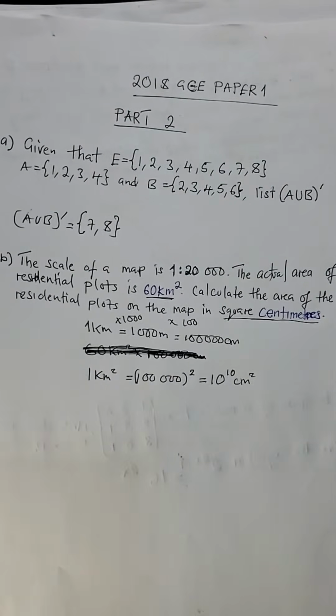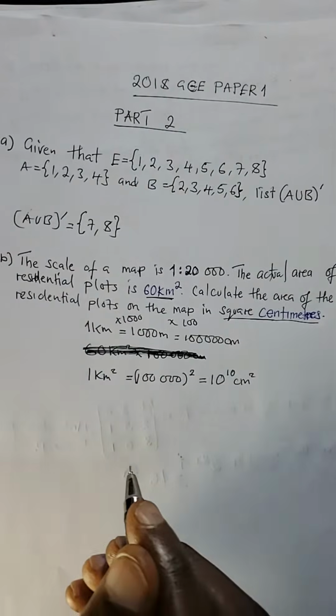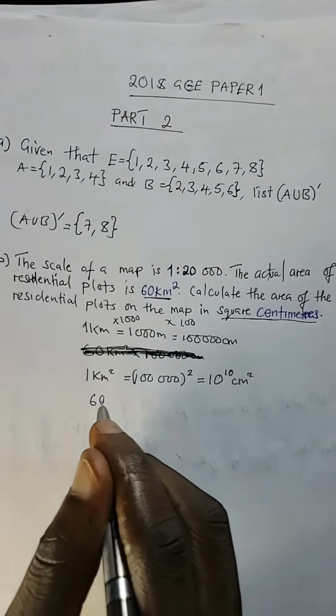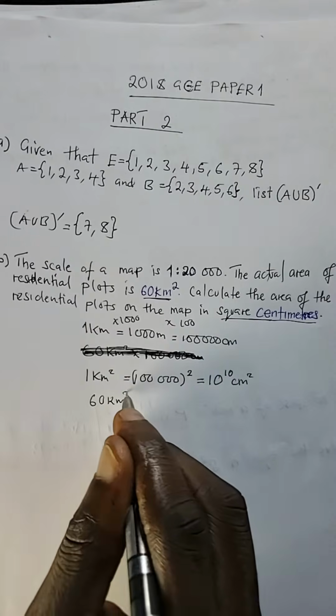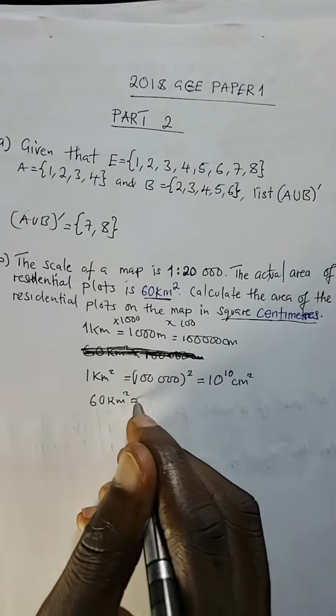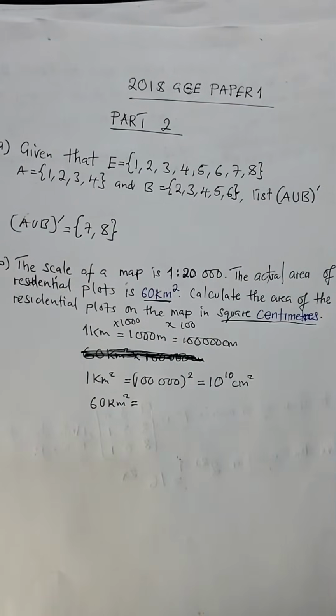Therefore, since we have 60 square kilometers here, what is 60 square kilometers in square centimeters? This is very simple.